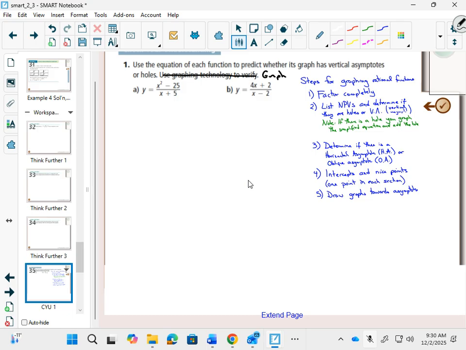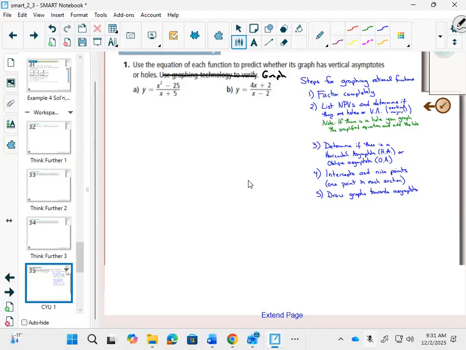One of the things the textbook does is it introduces you to the different characteristics and then asks specific questions about them. What we're going to do is look holistically at the big idea, which is, can you graph these without a calculator and all the steps? And we'll do that each time all the way through. You'll get to know the characteristics, but you'll also get really good at graphing as well.